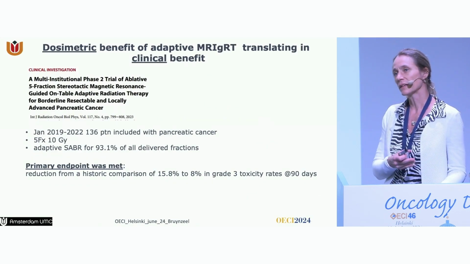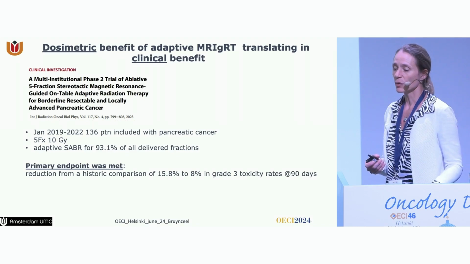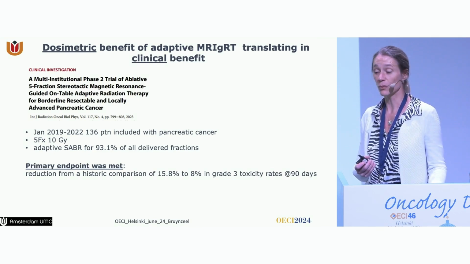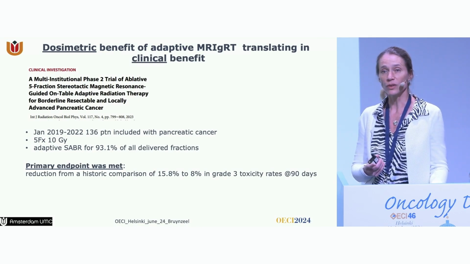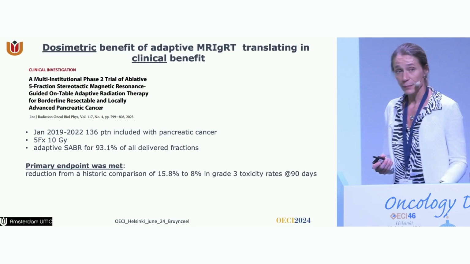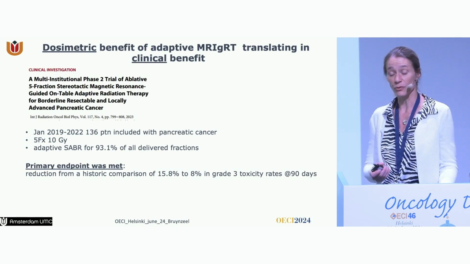So translating a dosimetric benefit of adaptive MR-guided radiotherapy into a clinical benefit, in this multi-institutional phase 2 trial, 5 fractions of 10 gray were evaluated using on-table adaptive radiation therapy. And adaptive SABR was performed in almost 90% of all delivered fractions.